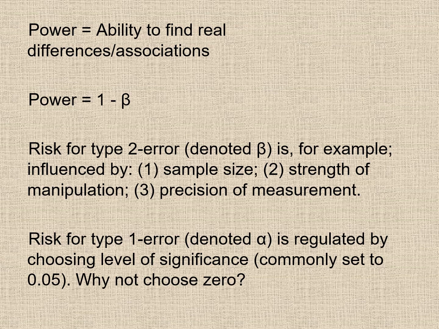And the power of a study increases, for instance, with the sample size. So the more individuals you have in your sample, the lower is the risk of missing a real difference or a real correlation or a real effect that exists. The lower is the risk for type 2 errors. Strength of manipulation.